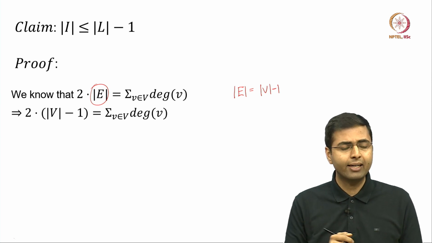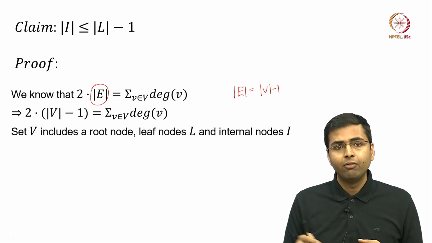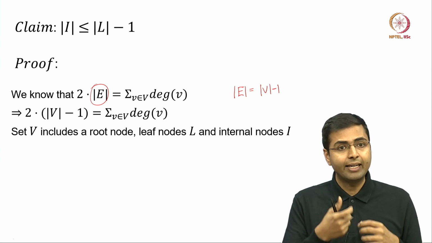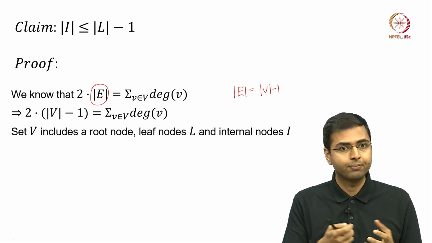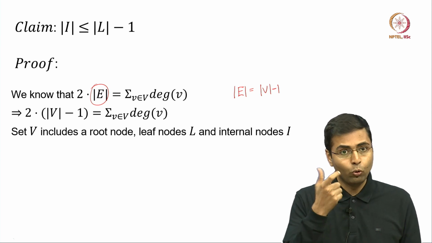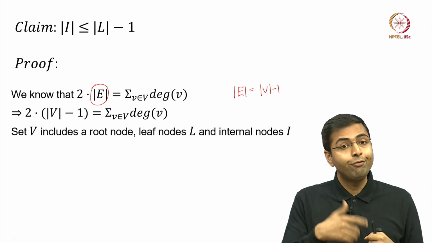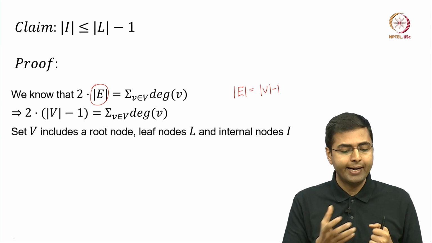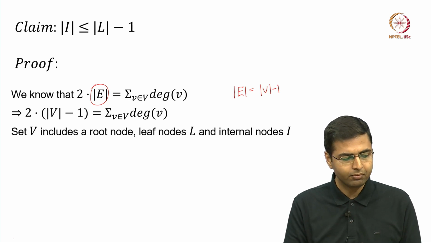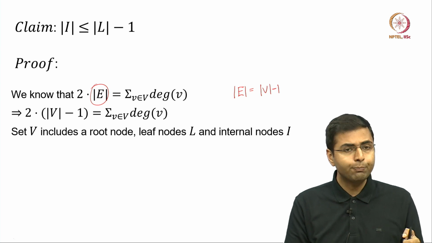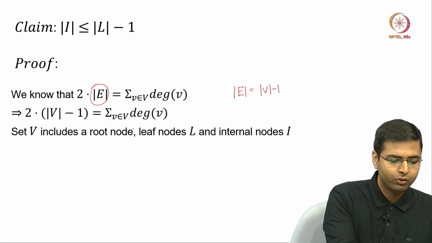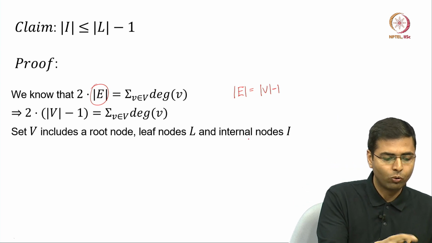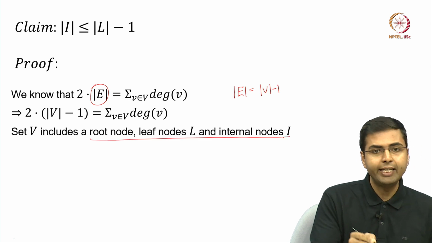Now, we have to observe that the set V, the set of vertices or nodes, includes a root node, leaf nodes L and internal nodes capital I. So, I can split my equation into these three categories of nodes: root node, leaf nodes and internal nodes.